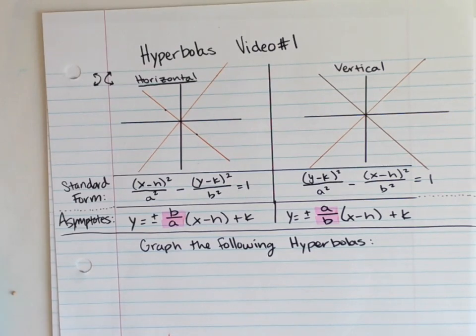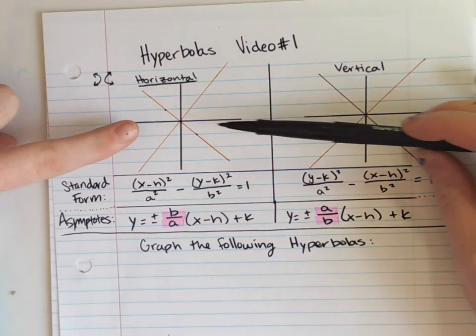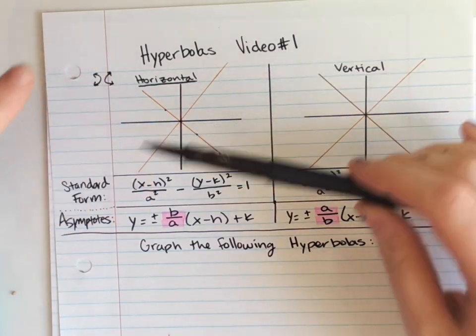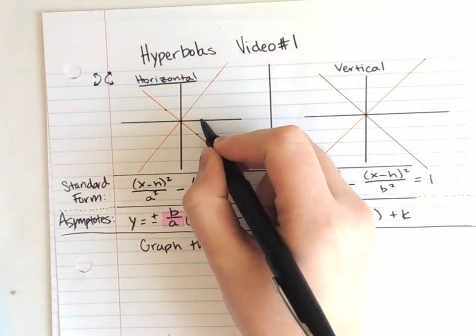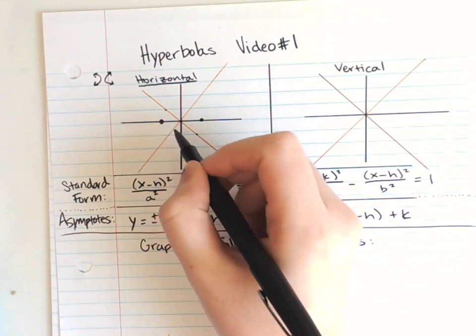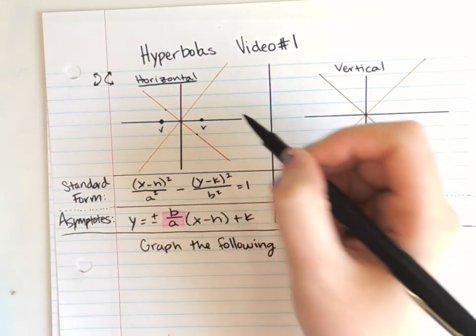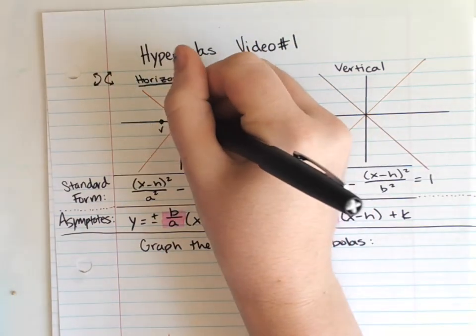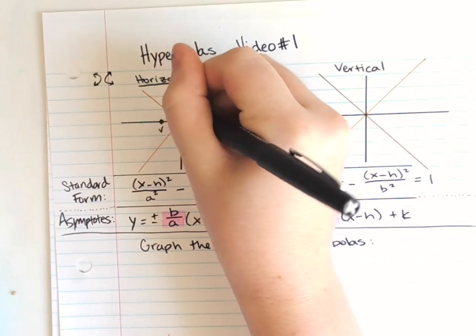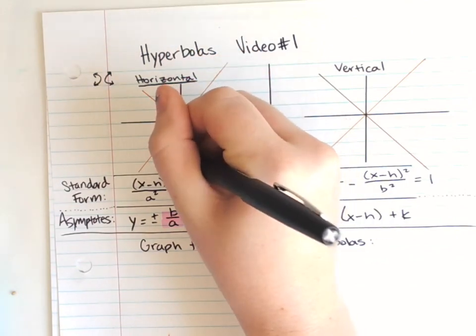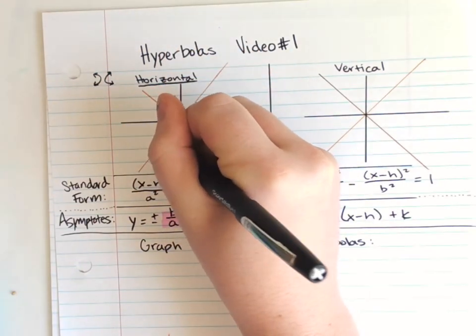So our foci and our vertices are going to be on these ends of our asymptotes. These orange lines are our asymptotes. So let's just sketch in. Let's say that these are our vertices, which would mean our co-vertices are on the other sides of the asymptotes.